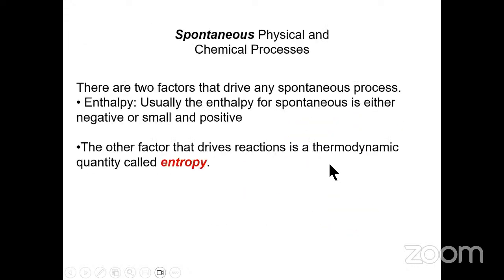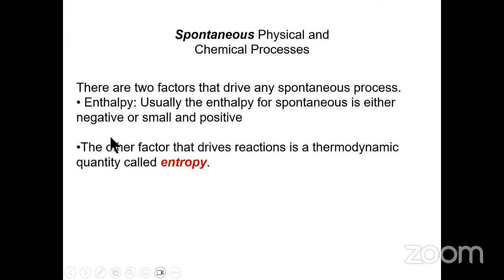So there's another factor, therefore, that we have to look at, which will help us to make that kind of prediction. Enthalpy would be one of them, right? As we said before, one of the factors for driving any spontaneous process is that the reaction is either exothermic or endothermic, but not to a great extent.